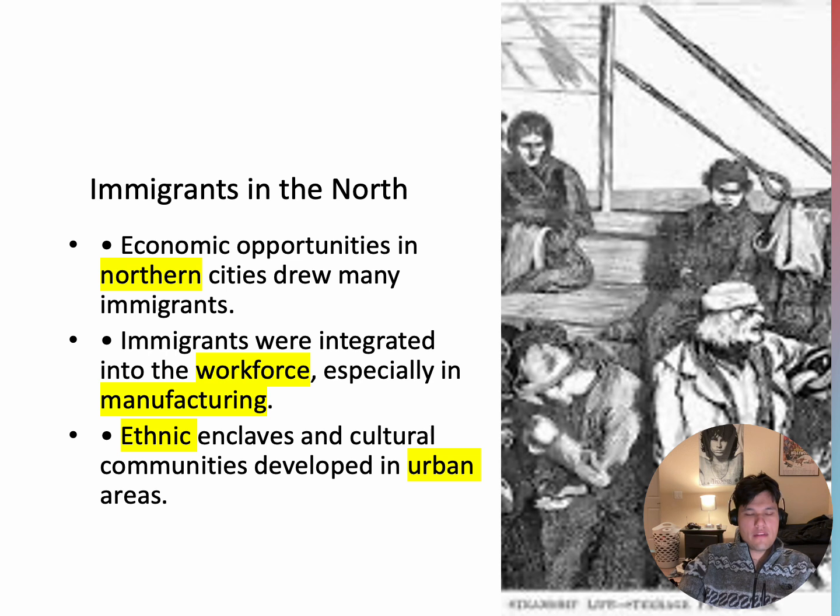An enclave is basically a portion of a city where they're not from, where, like I just said, they can find their cultural identities. Okay, so go ahead and move on from that. Hopefully, I didn't confuse you there.